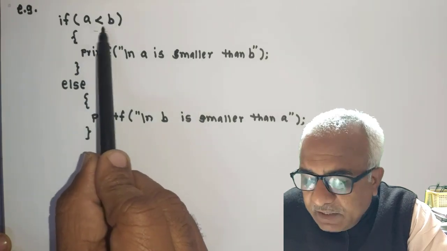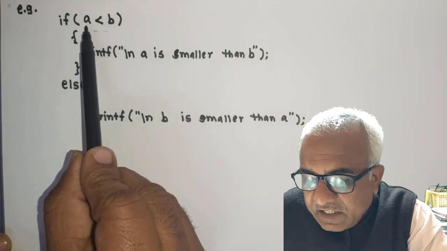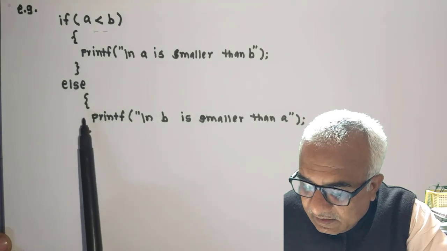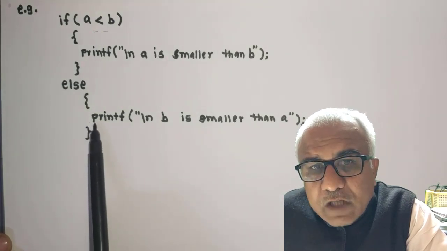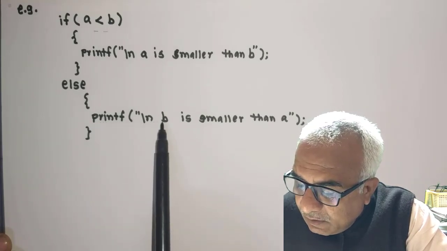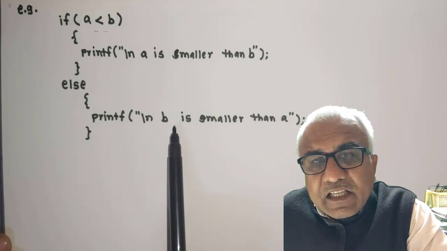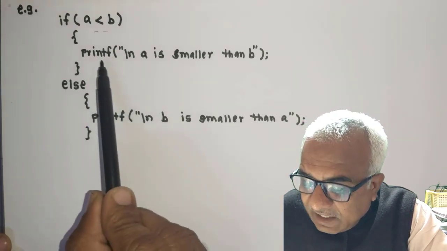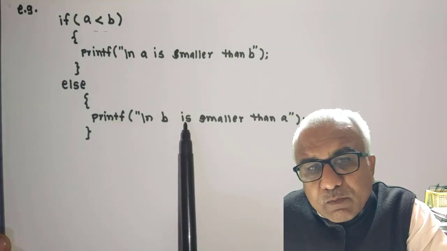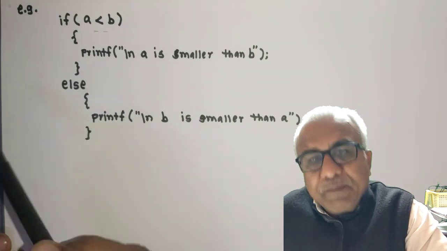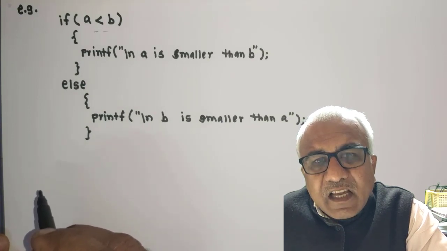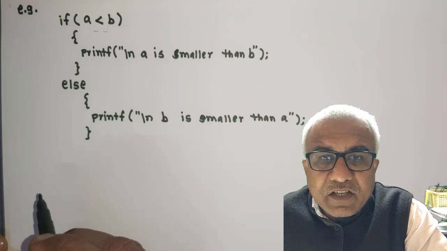Otherwise, if this test condition is false, that is, the value of A is not less than B, it is greater than B, then the false block of statements is executed. Here there is a single statement, so "B is smaller than A" is displayed on the screen. So either the true block or the false block is executed. In this way, one can use the if-else statement as a decision making and branching statement.